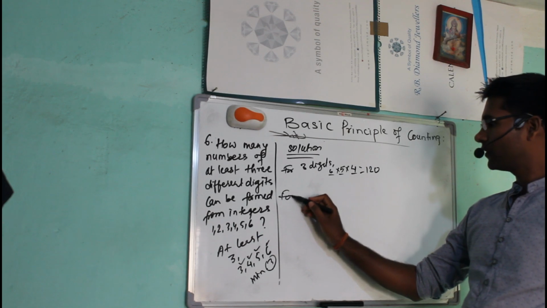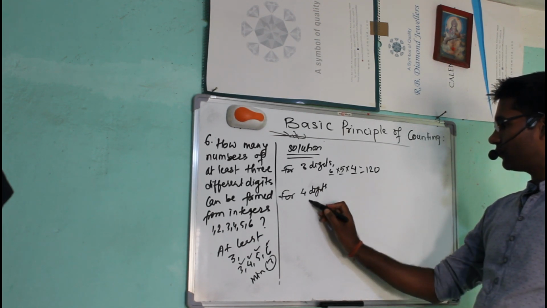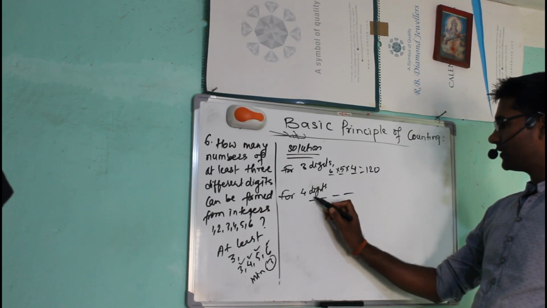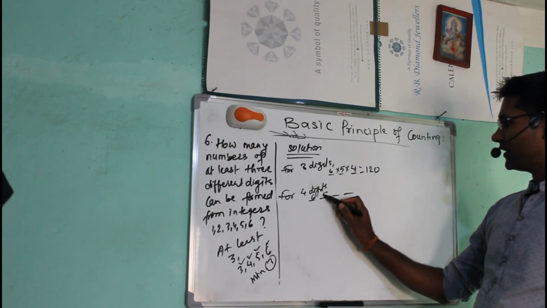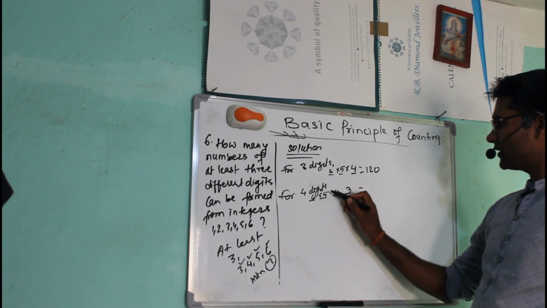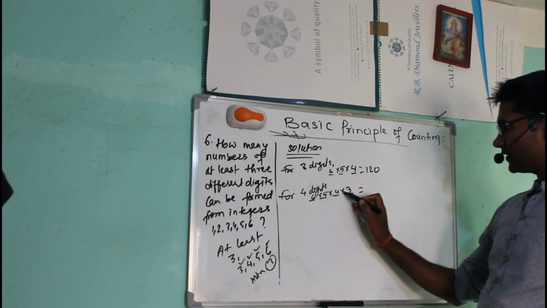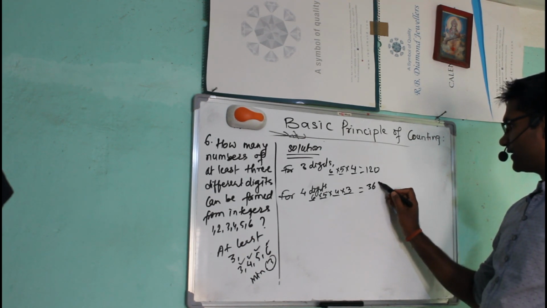For 4 digits, there will be 6 choices, then 5, 4, 3. So it is simply 6 into 5 into 4 into 3, which is 30 into 12, so this is 360.